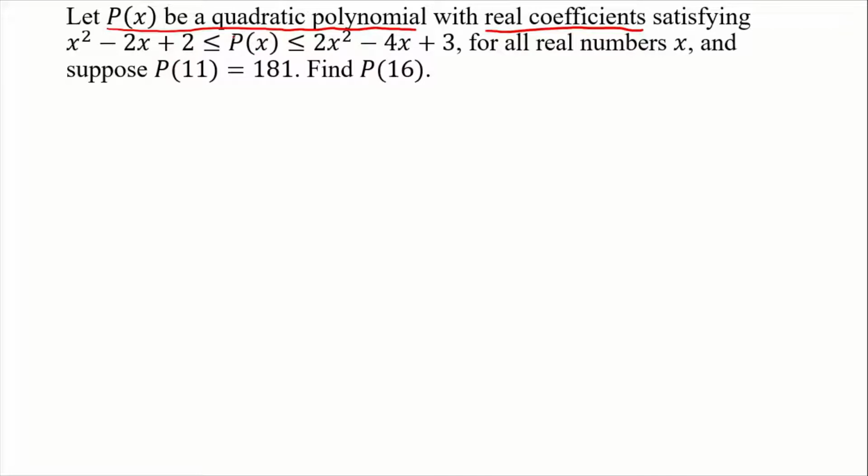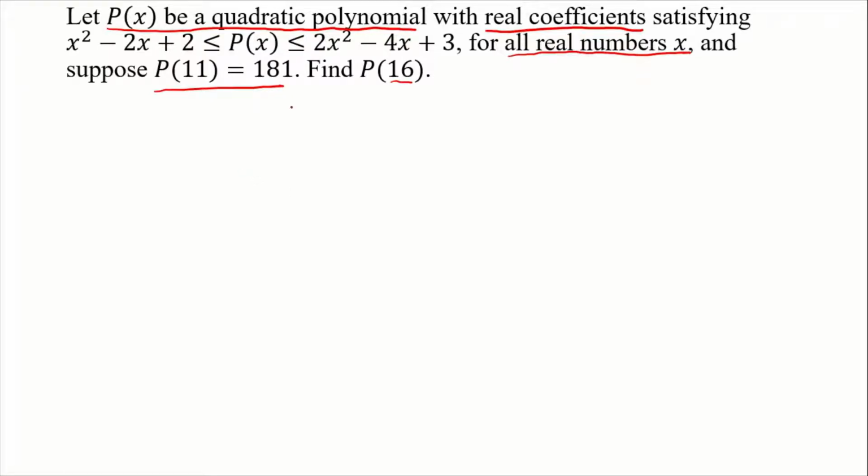All it's saying is that p of x is greater than this and is less than this, and it satisfies that for all real numbers x. That's going to be key too. Now they're saying that p of 11 is going to be equal to 181, and they're asking us to find p of 16.